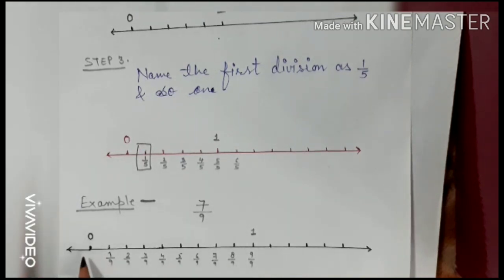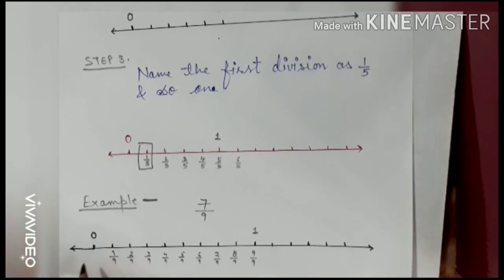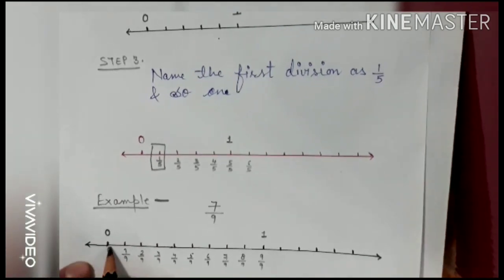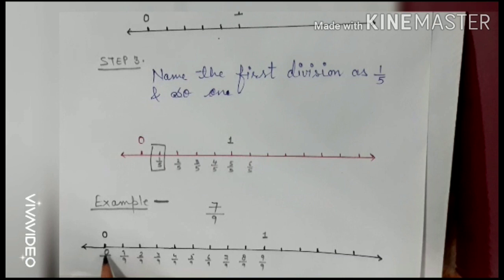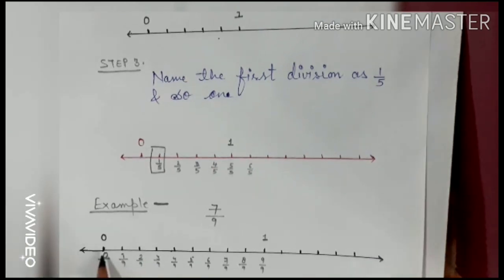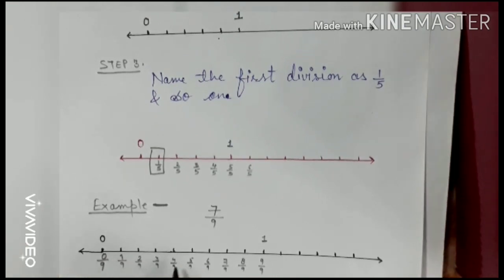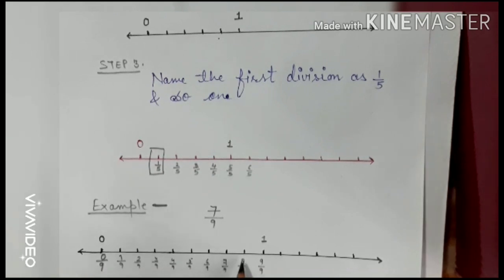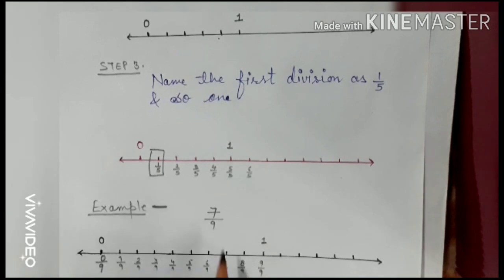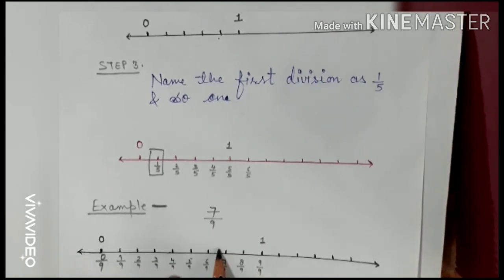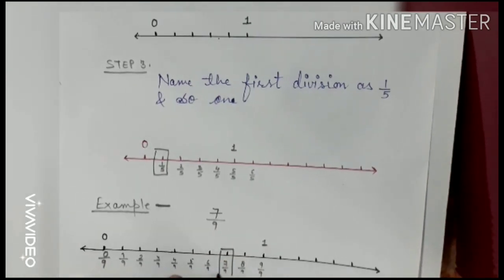On the first division, you can also write 0 upon 9. So the first division is 0 upon 9. Then here we will represent 1 upon 9, 2 upon 9, 3 upon 9, 4 upon 9, this is 5 upon 9, 6 upon 9, 7 upon 9, 8 upon 9, and 9 upon 9 will make 1. So 7 upon 9 is represented here.